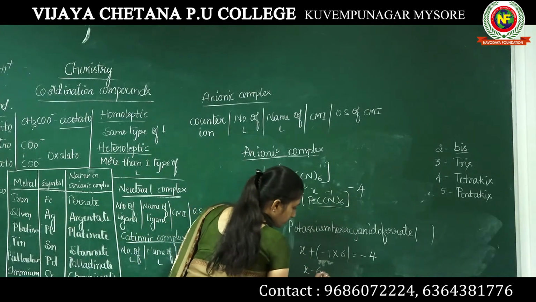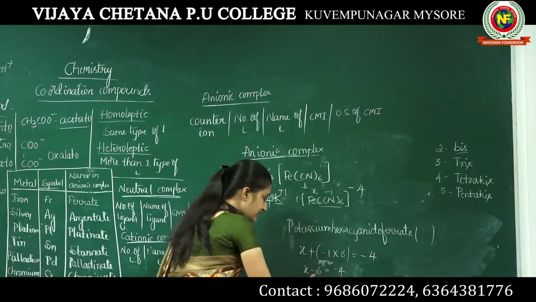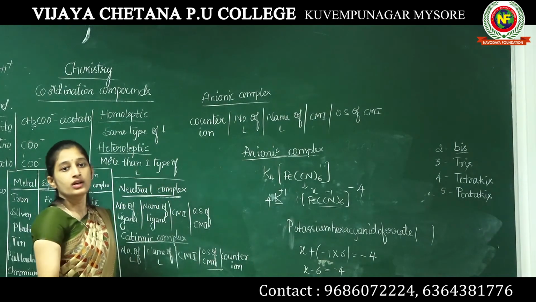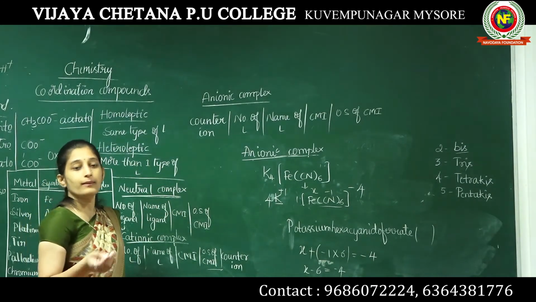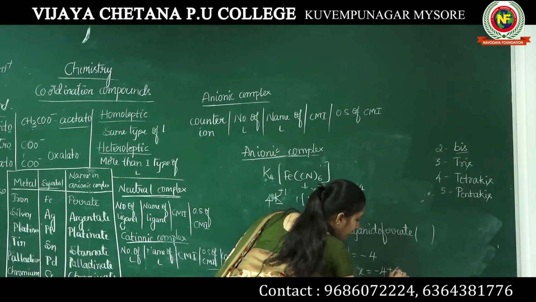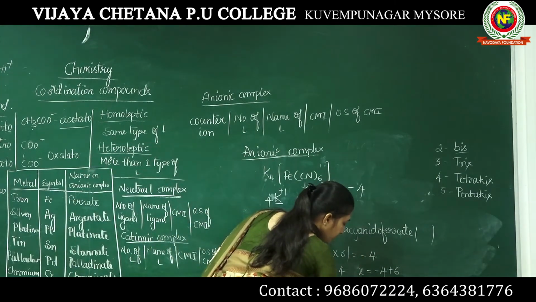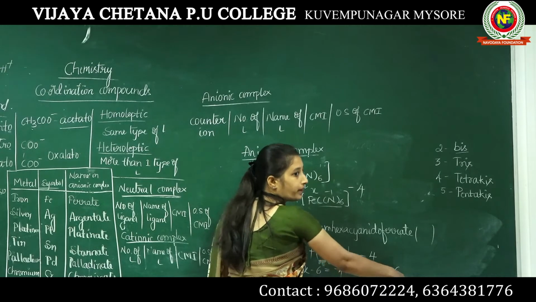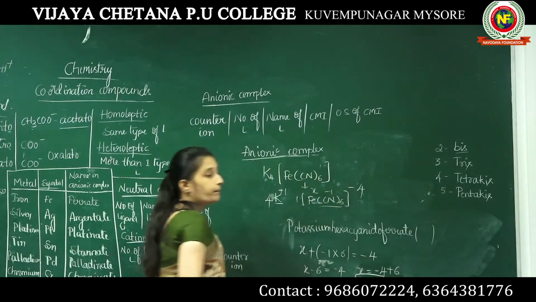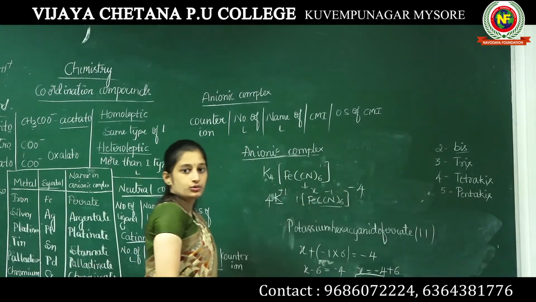So x - 6 is equal to -4. This -6 is on the left hand side. When it comes to the right hand side, -6 becomes +6. So x is equal to -4 plus 6, which becomes +2. +2 means Roman numeral 2.